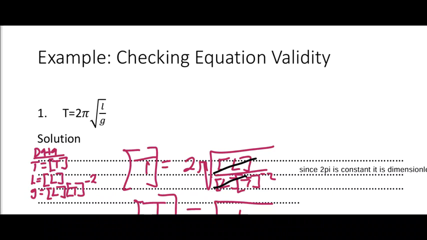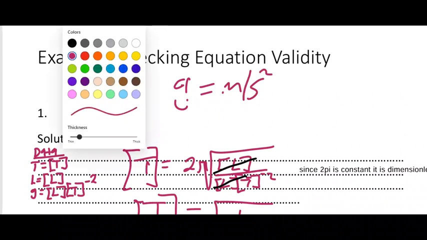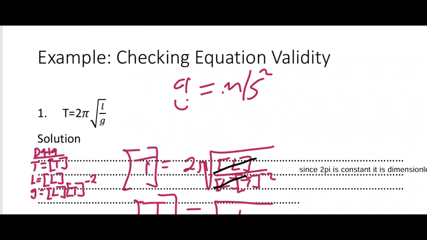This is what we're doing in this case. So let me try to show you here. Acceleration is actually meter per second squared. With this in mind, you are saying that it's meter over second squared.